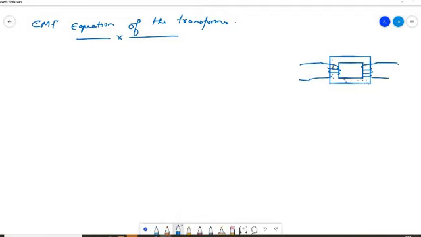And the flux that is produced in the transformer as a result of this current I flowing through the primary winding: when this is sinusoidally varying, obviously this will also be varying sinusoidally. So therefore phi is also varying sinusoidally.